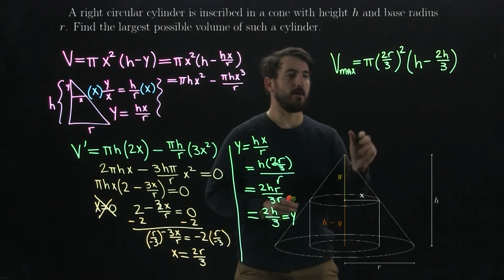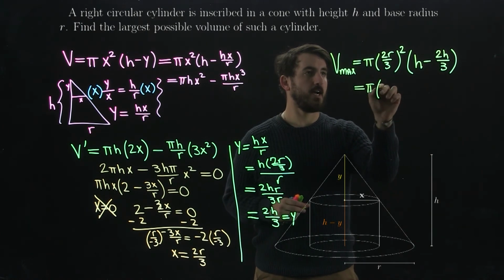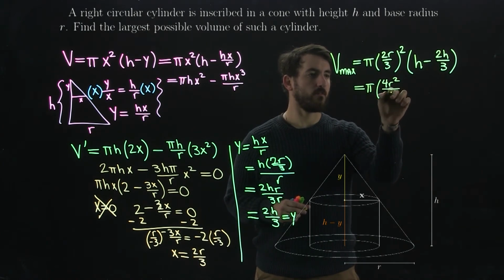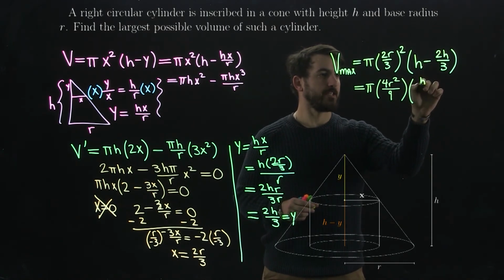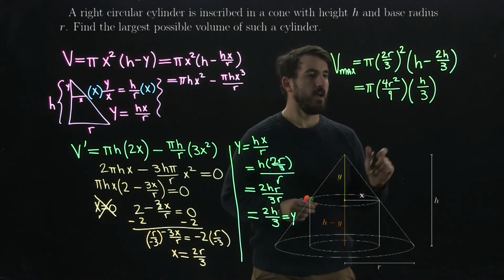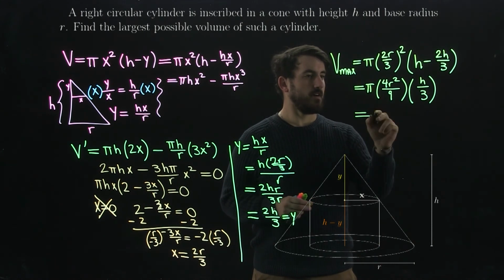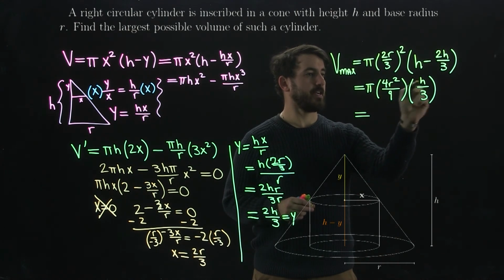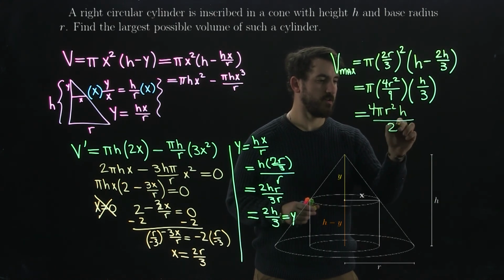And we can clean this up. We have pi times 4r squared over 9 times h over 3, because we have h minus 2/3 h. And so this becomes 4 pi r squared h all over 27.